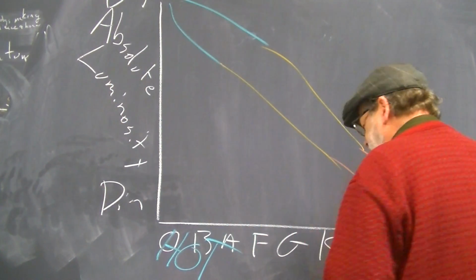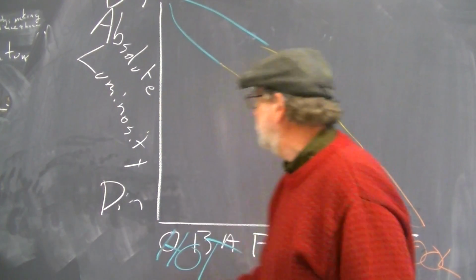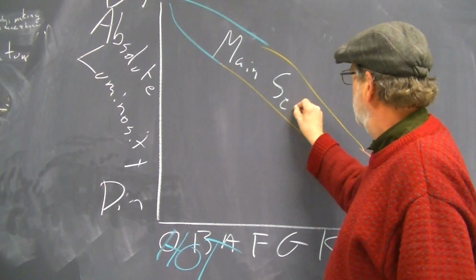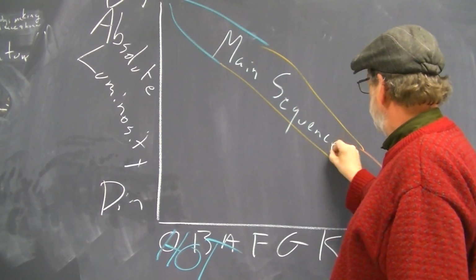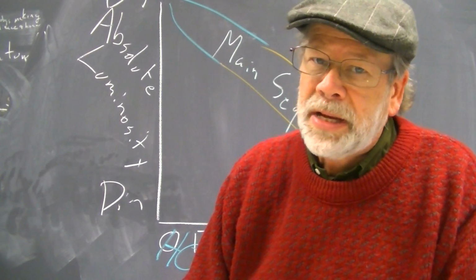So we have a name for this large grouping of stars. This group is called the main sequence. And the main sequence is where 90% of the stars in the sky are.